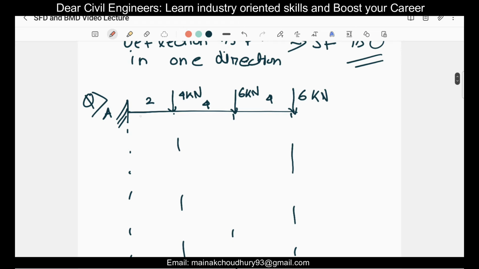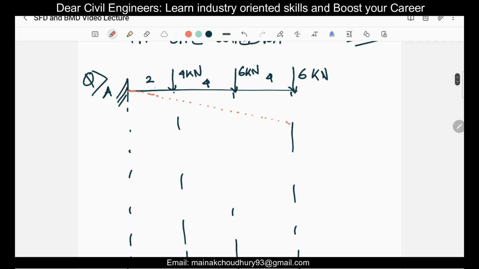So what you do, if this is a fixed beam, you see this particular deflection diagram or influence line diagram, whatever you want to call it, and you draw this first. This doesn't have any formula, but you have to draw it by your own experience and common sense.